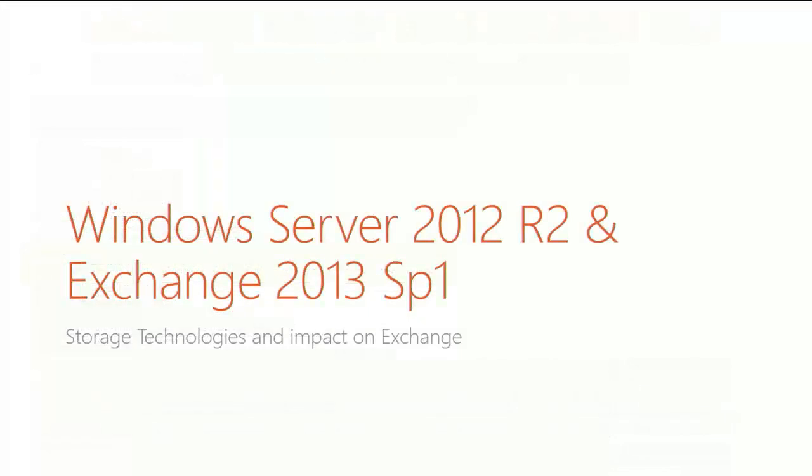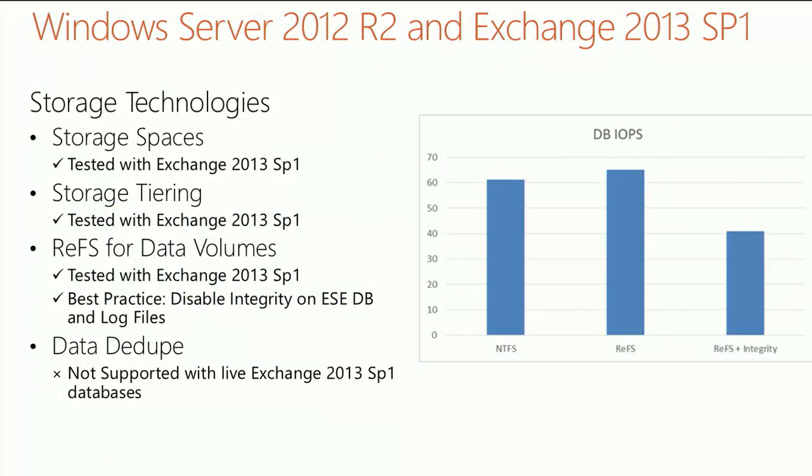All right, with that, let's talk about an update on 2012 R2. This slide is one that I know a lot of people are interested in. What does Exchange 2013 SP1 support when it comes to storage technologies for Windows Server 2012 R2?